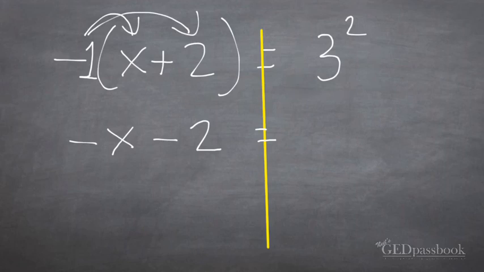Just a simple little power. What's 3 squared? Nobody thinks it's 2? I mean 6? Nobody thinks it's 6? 9. Good, it's 9. Remember, it's not 3 times 2, it's 3 times 3, creating 9.